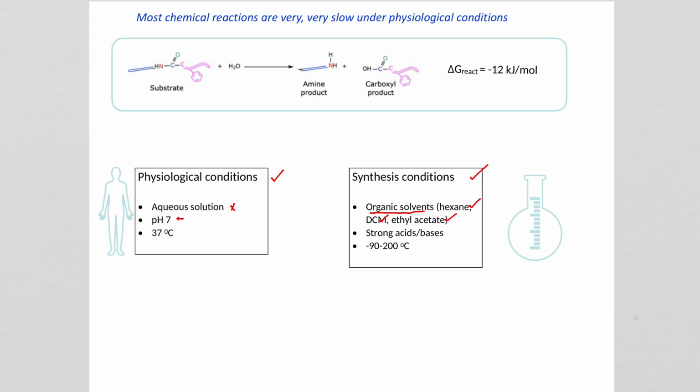Instead of pH 7, very often they use strong acids and bases. And instead of 37 Celsius, the temperature used for organic chemistry reactions can range anywhere from minus 90 to as high as 200 degrees Celsius. Very different conditions than what we see in the human body.